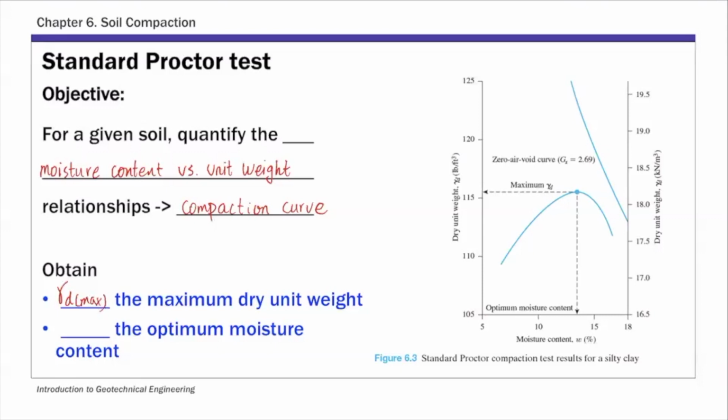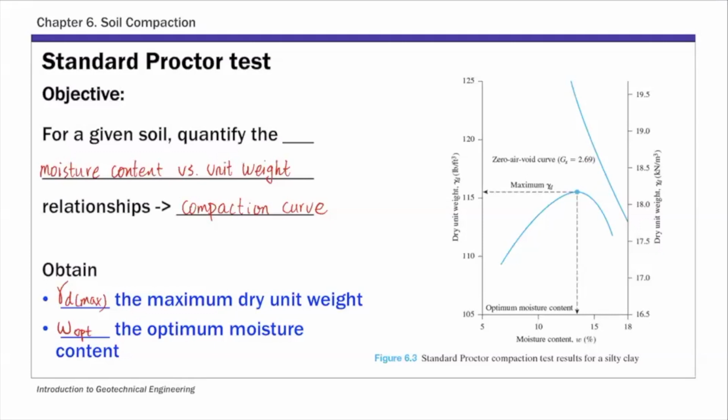And the second piece of information is the corresponding optimum moisture content, we call it W OPT. So that's the objective of a standard Proctor test, basically to obtain this compaction curve and get these two numbers, two parameters. And as I mentioned, I'll come back to this in just a few minutes.